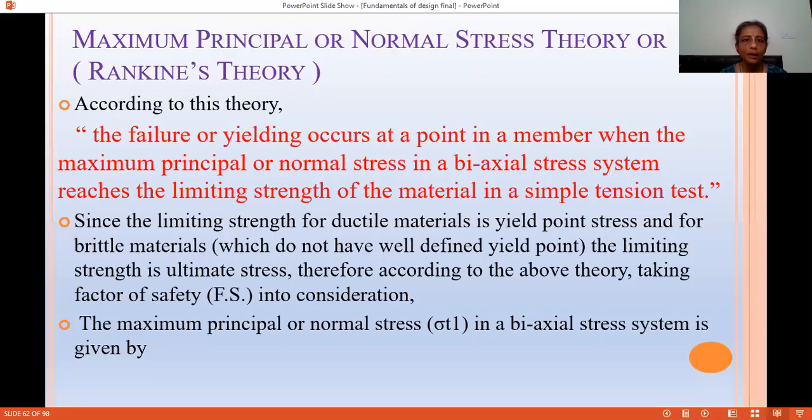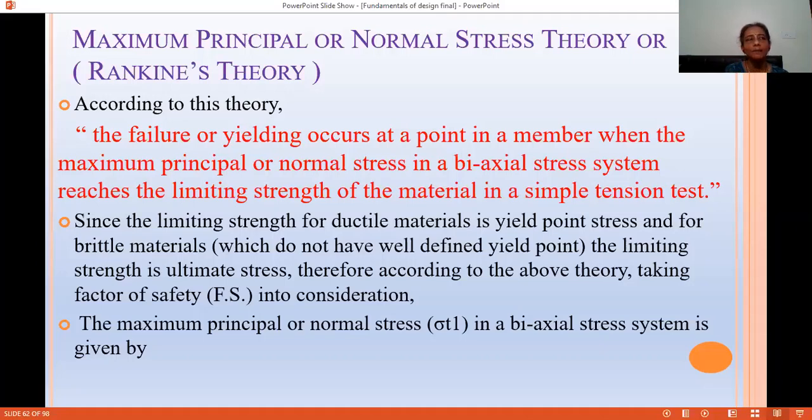So here we will first see the maximum principal or normal stress theory. Actually, in this theory, what is the theorem? Any component is subjected to a biaxial stress system. Biaxial means the force is acting in the X and Y directions both.